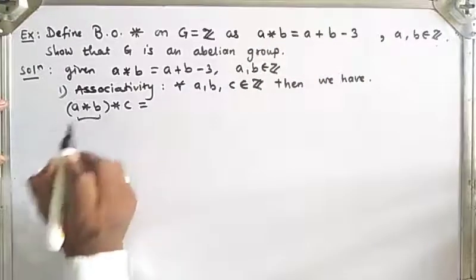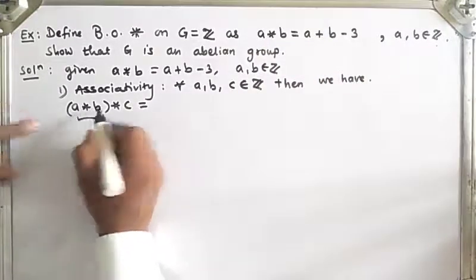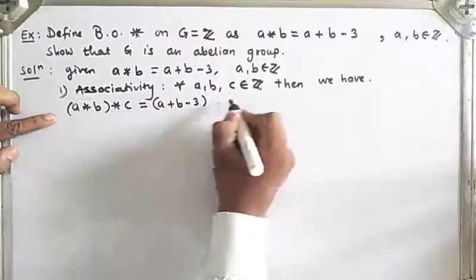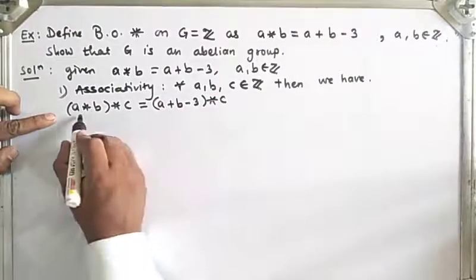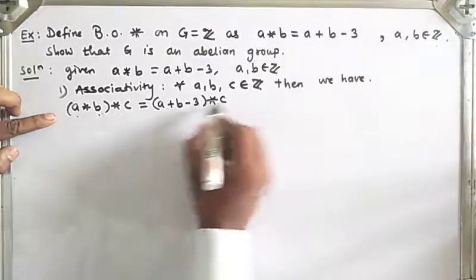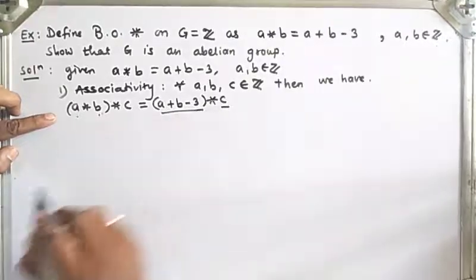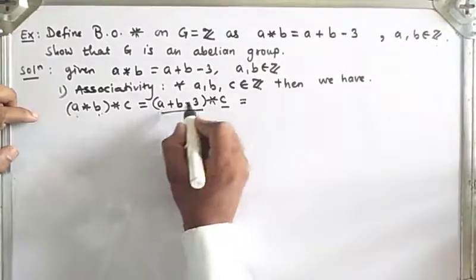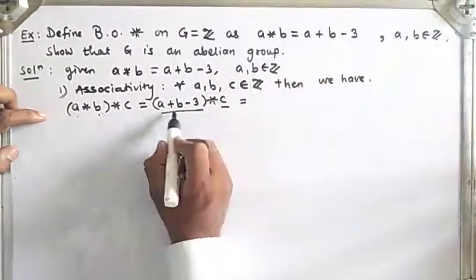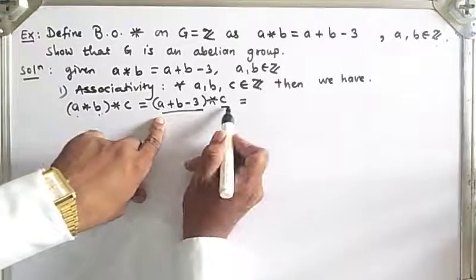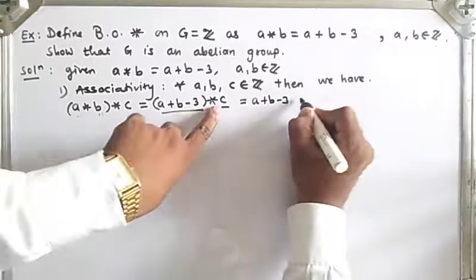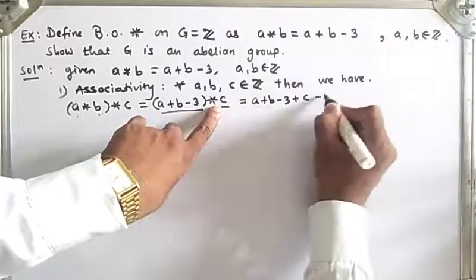I will apply this for the bracket: a star b is a plus b minus 3, and again I apply it with c. Using the definition, the addition of these two elements minus 3 gives a plus b minus 3 plus c minus 3.